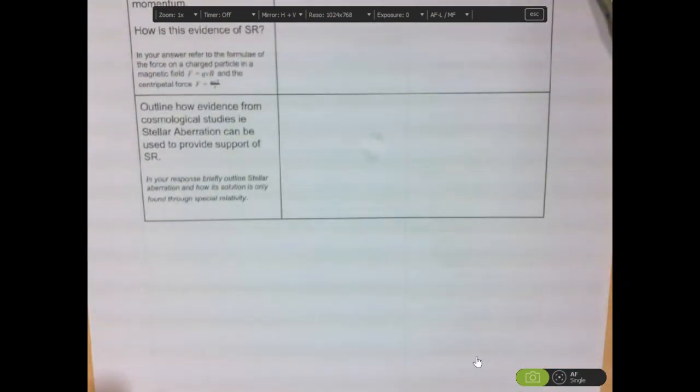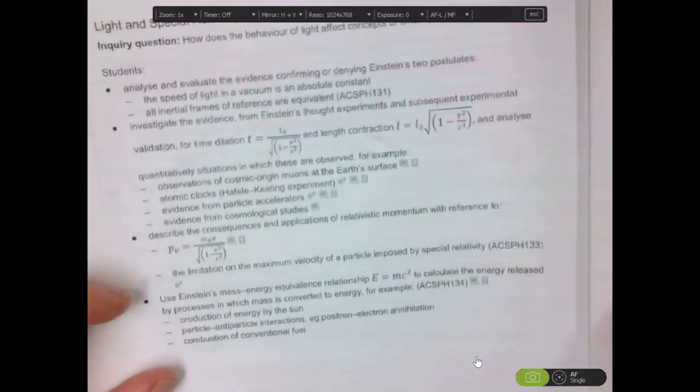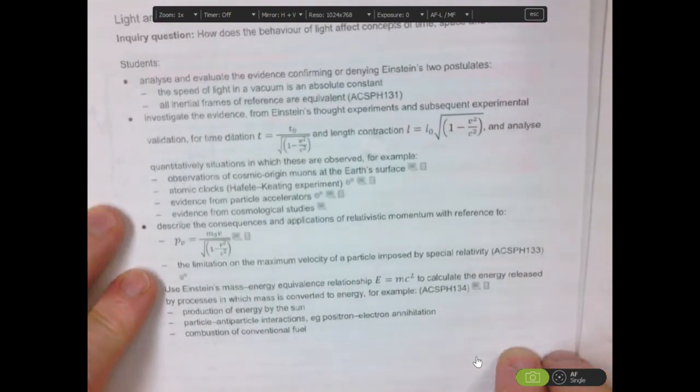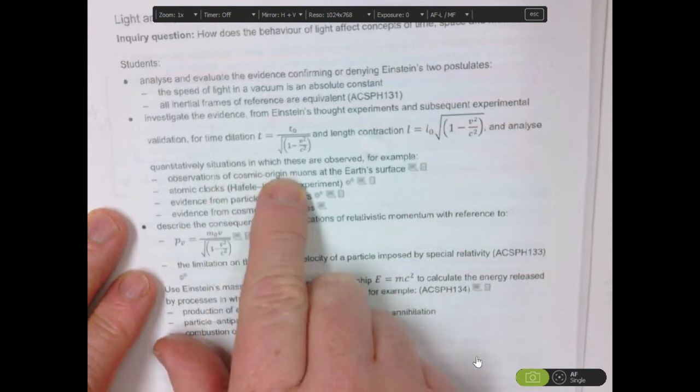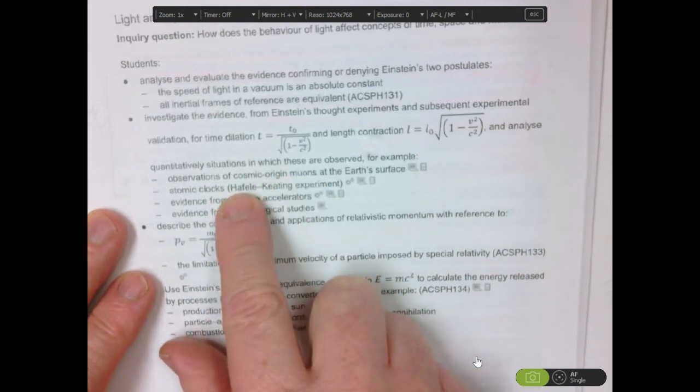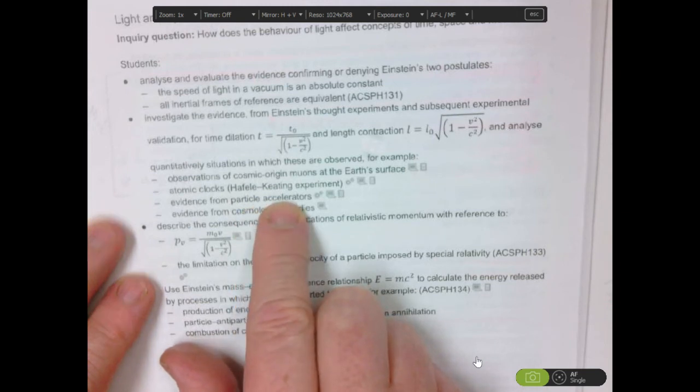Okay. And finally, a really interesting one that is added to our syllabus, I'll just get you the actual reference. This is our syllabus here. You can see there are 4 things that we need to make sure: cosmic origin of muons, the Hafele-Keating experiment, particle accelerators.